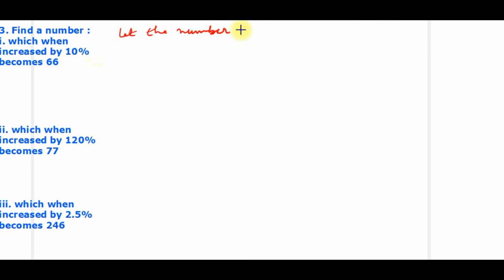When it is increased by 10%, it will become 100 plus 10 equal to 110. After a 10% increase it becomes 66.